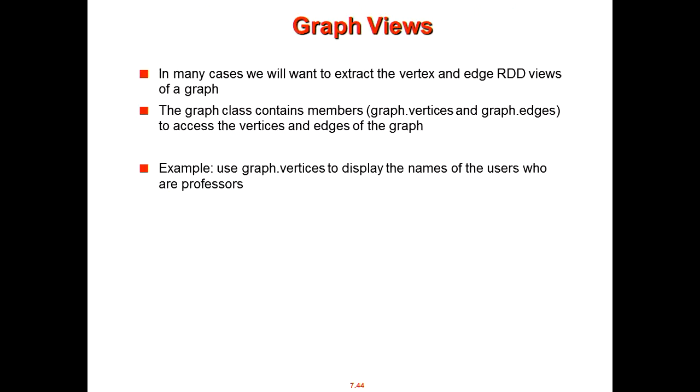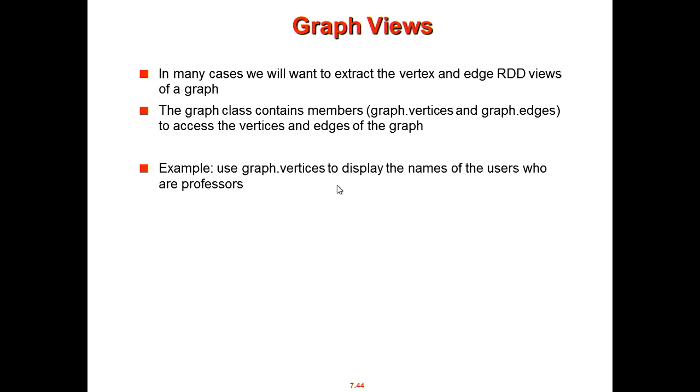Now let's look at the graph views, how we can use graph views to do some things. In many cases, especially in graph learning problems, we want to extract the vertex and edge RDD views of a graph. And the graph class contains members: the vertices and edges are two RDDs to access the vertices and edges of the graph.